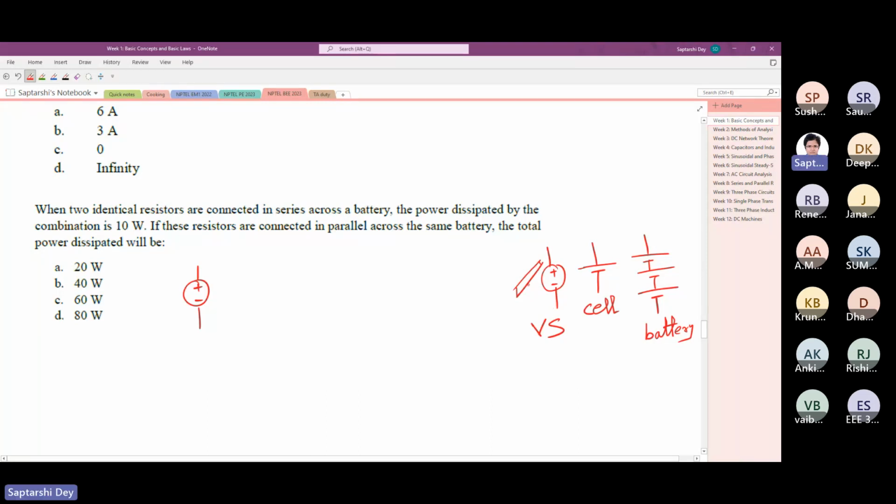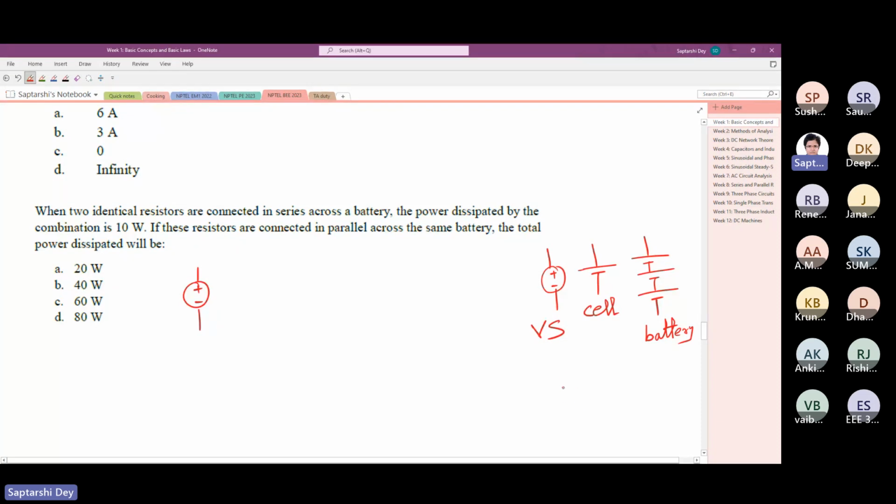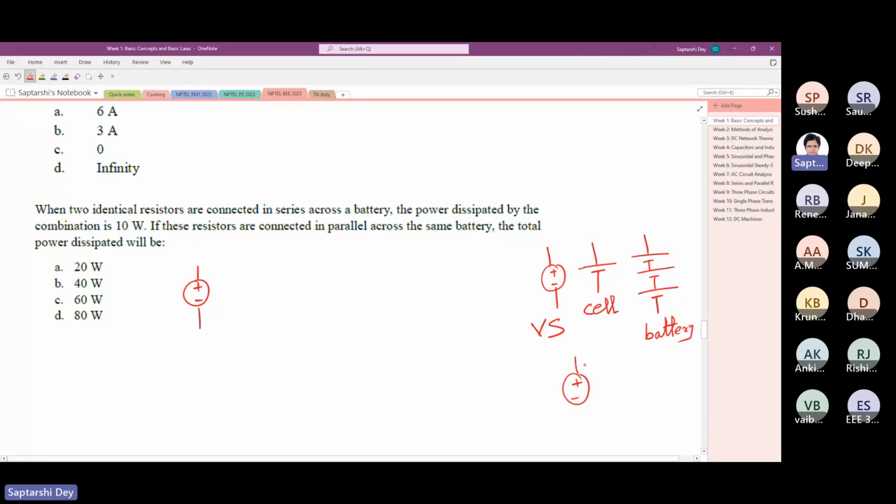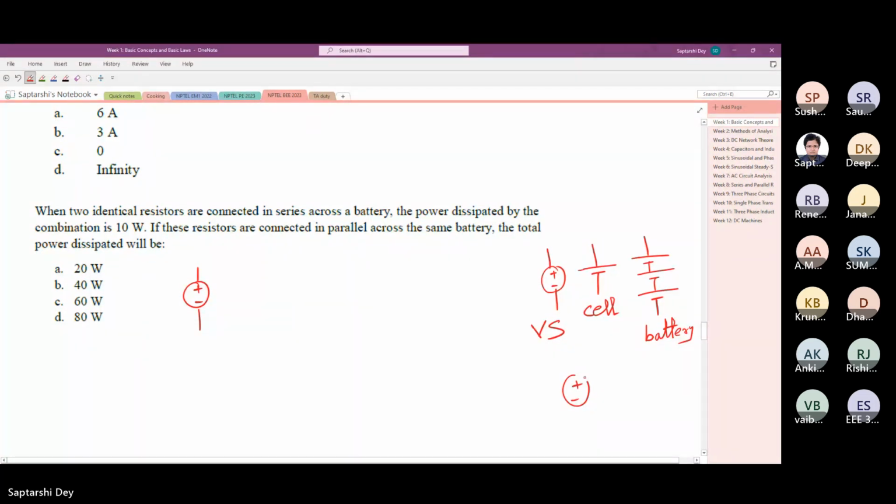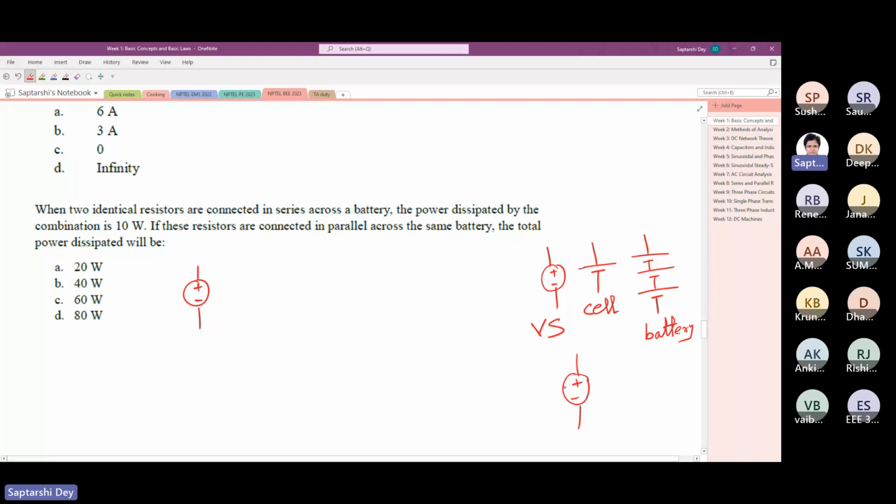The symbols have nothing to do with the magnitude. Sir, so the voltage source is equivalent to battery representation? Yes, you can always show a battery with a voltage source. It doesn't matter. If you want to specifically mention that this is a battery, you can show a battery, but you can show it like this also. It doesn't matter. 10 volt DC.